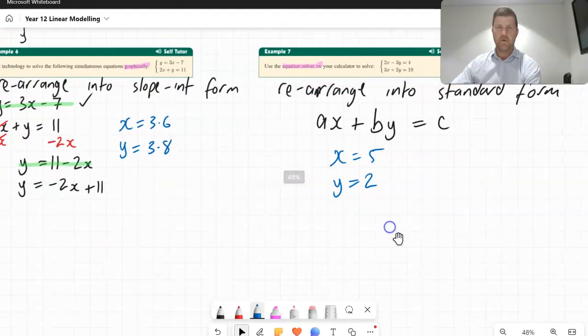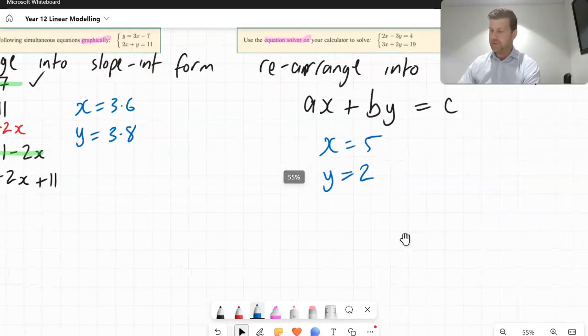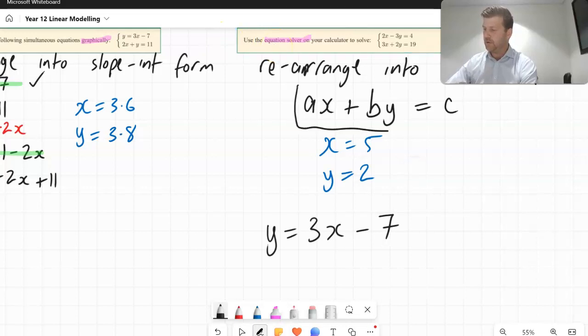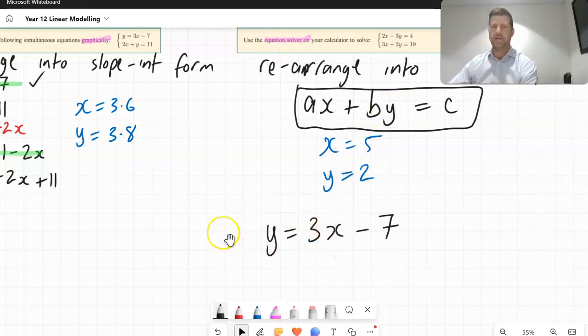Let's just quickly, before we wrap up, put in an equation that is in slope-intercept form. Y equals 3x take 7. To put it back into standard form, I basically want to keep the y on the left-hand side and bring this x term over to the left-hand side too.